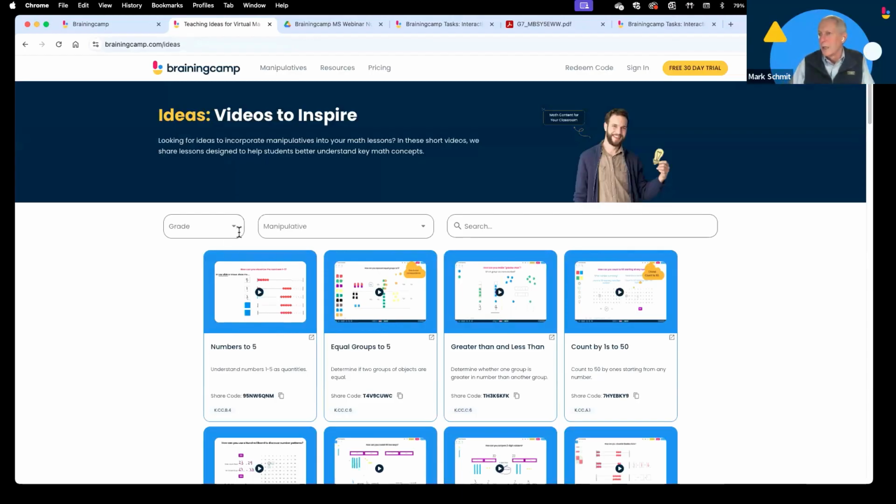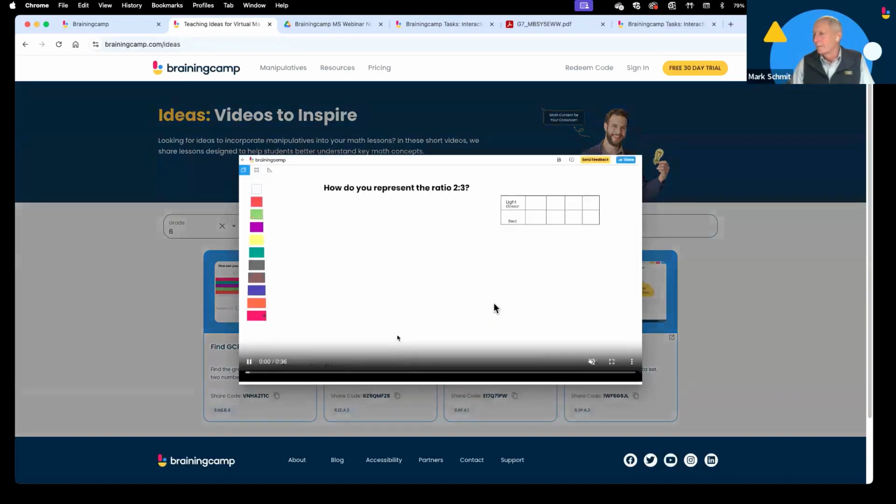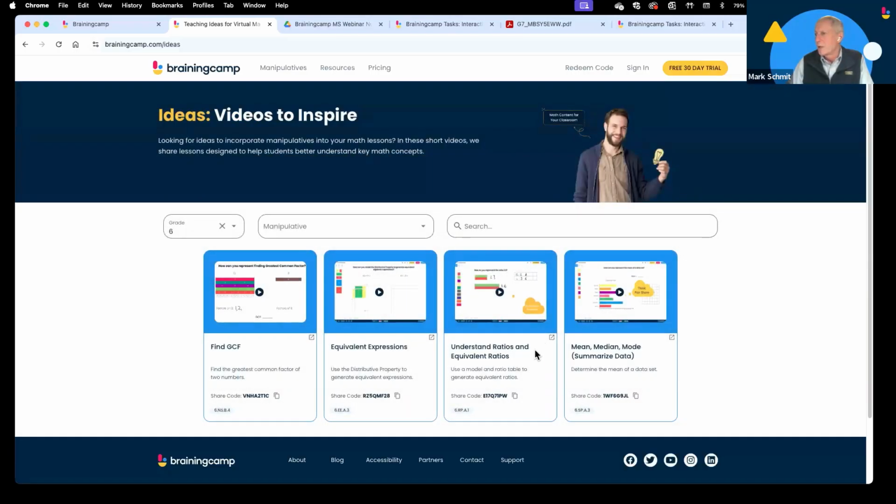So here's one. I'm going to go to grade 6 because this was middle school focused. This one is Cuisenaire rods, understanding equivalent ratios. Quick video, probably less than 30 seconds, but then we also give you the share code.